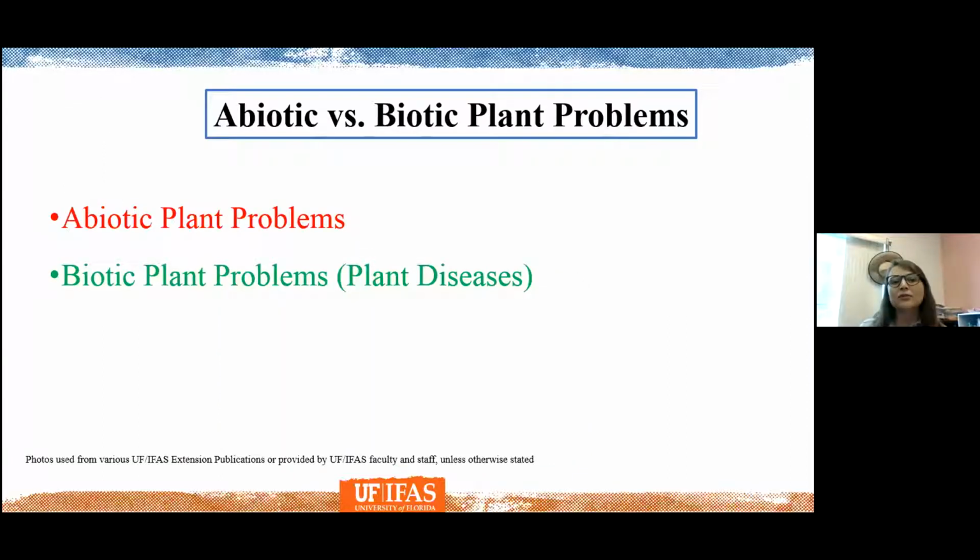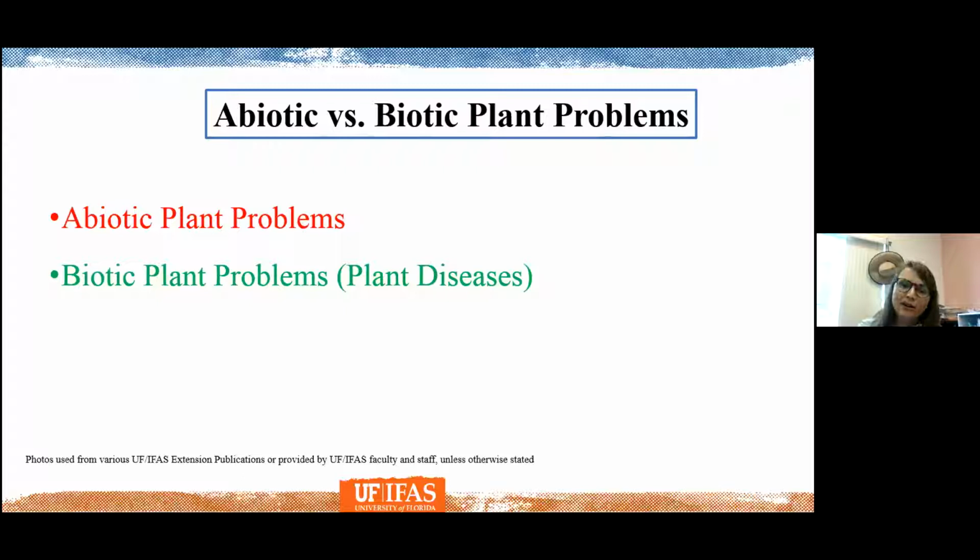And starting with some of the problems that we can see in plants, they can be caused by abiotic or biotic problems. So abiotic problems don't have any relation with pathogens or pests or any organism that is causing that injury.